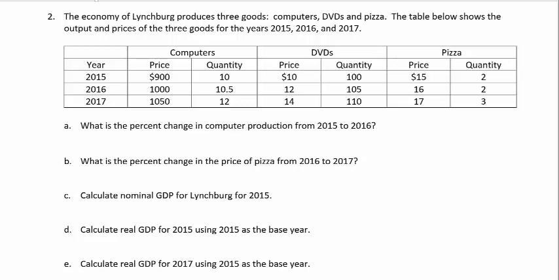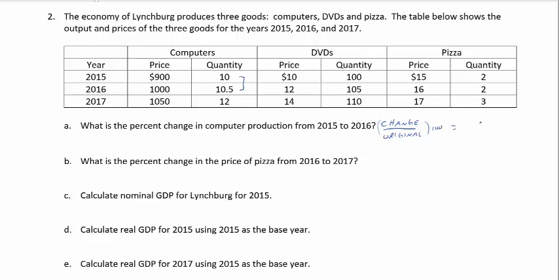It's not really an economics question, it's more of a, hey, by what percentage did the computer production change? Well, they had 10 computers in 2015, now they have 10 and a half in 2016. So you just take the change in production and you divide by the original amount and then multiply by 100.